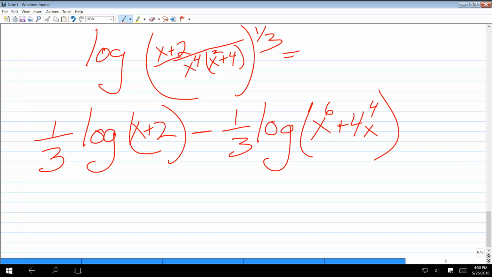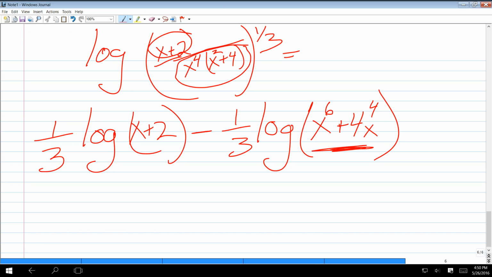So that's it? Yeah, in other words, I've expanded it, and I have a numerator and I have a denominator. So it's the log of the numerator minus the log of the denominator. Okay. Now, when I have addition taking place inside the argument, I can't do anything. If I had multiplication, I could separate that into two log statements.